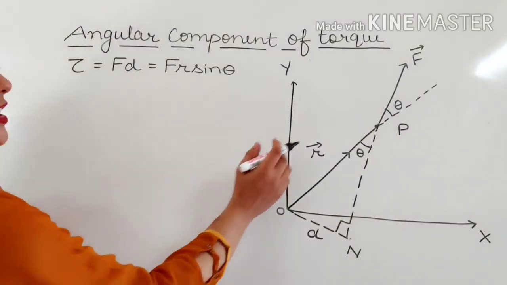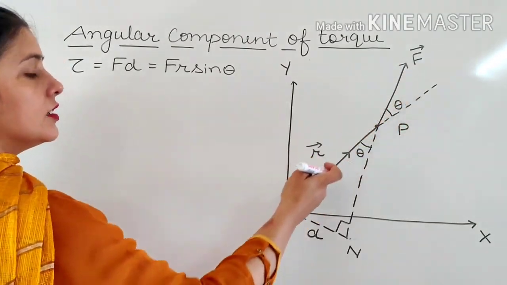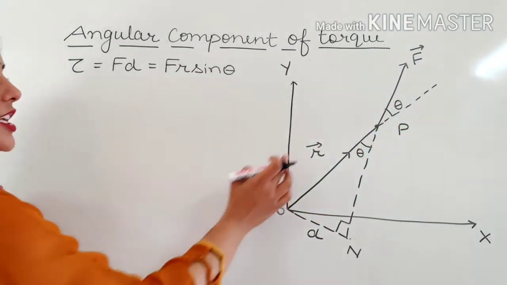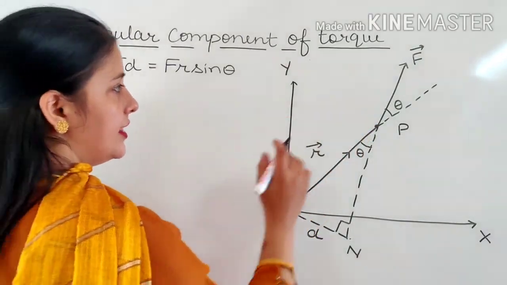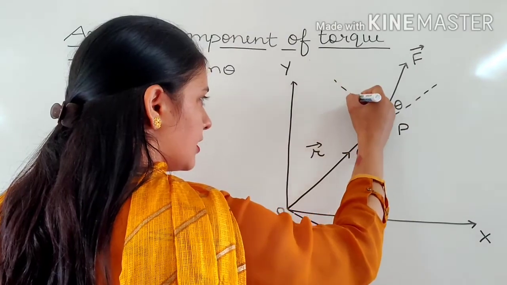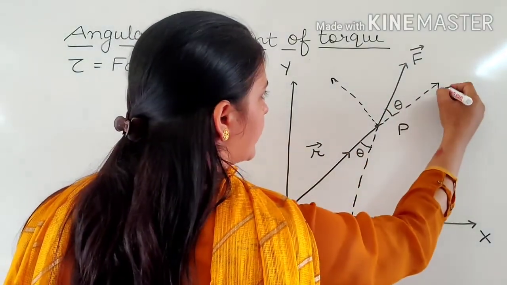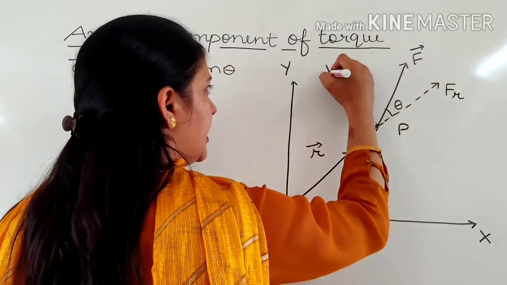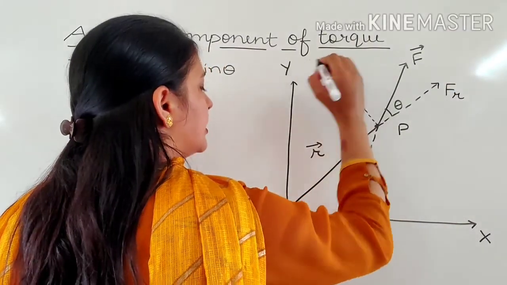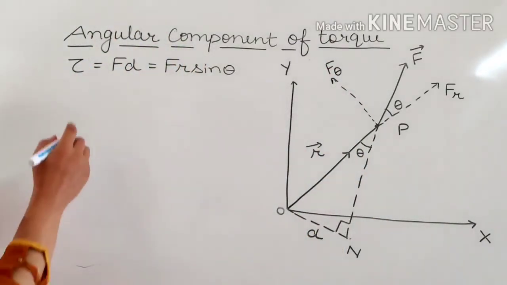Now see, this force is making an angle theta with the position vector. So this force can be resolved into rectangular components, that is along the x-axis, the radial component Fr, and along the y-axis the angular component F theta.